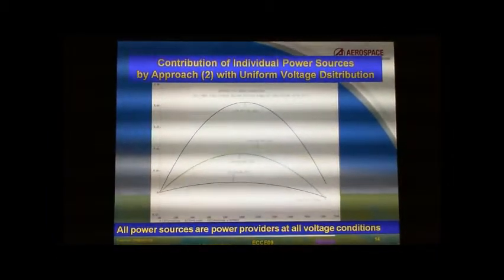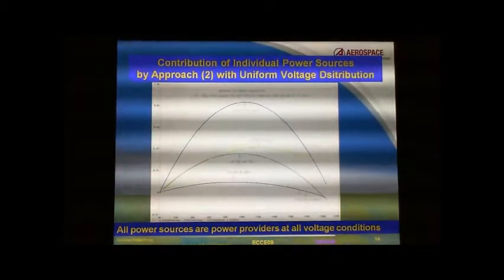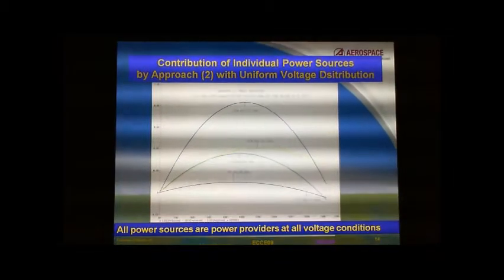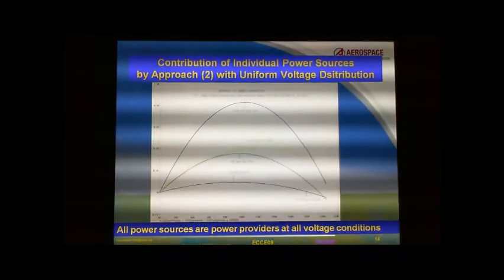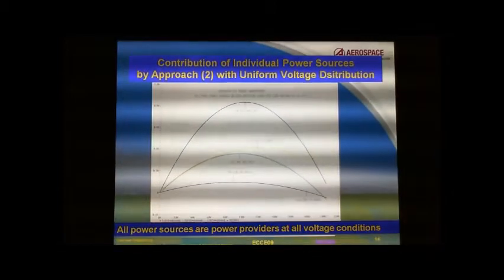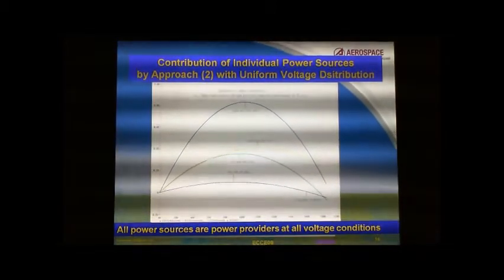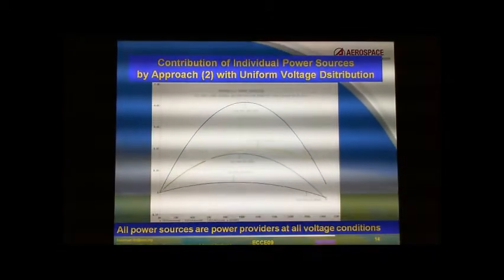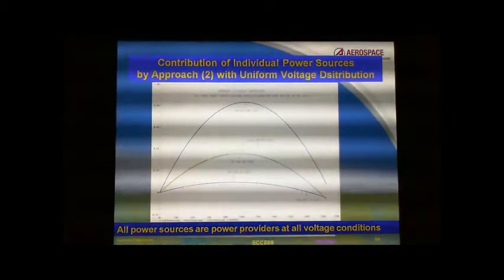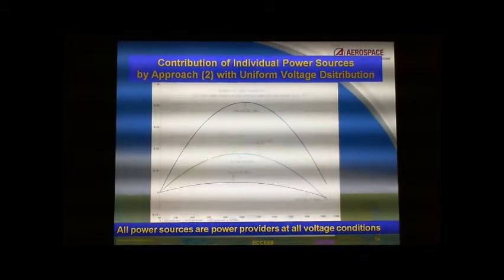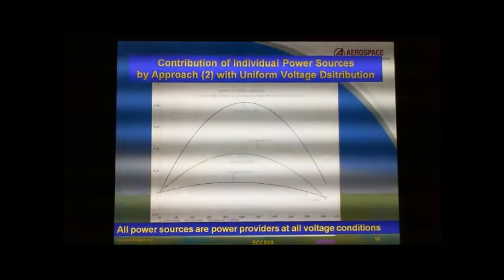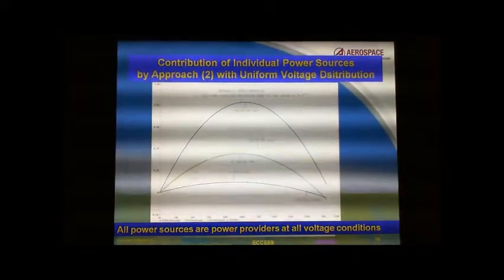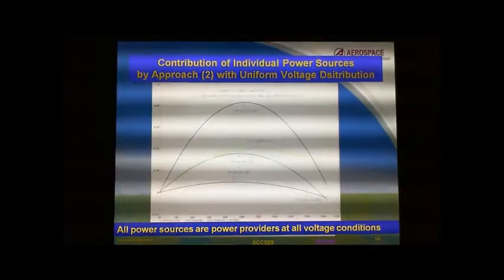This slide shows the power versus voltage PV characteristic of each power source that is involved in power transfer to the load and excess power transfer to the power converter that may be used to charge the battery, through the control of uniform voltage distribution across these power sources.